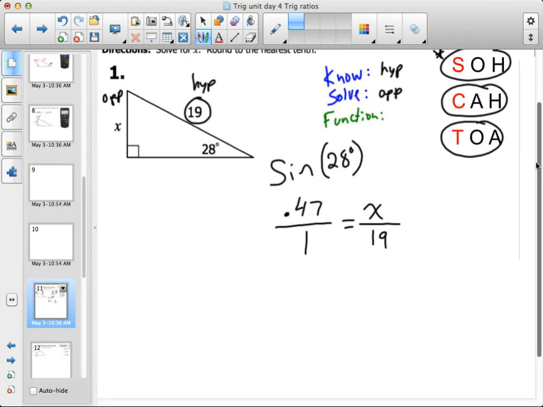At that point, we just play baseball, kind of cross multiply and divide, and we solve the proportion. We cross multiply, 19 times 0.47, and then we divide by 1, which is just going to leave it the same thing. We do 0.47 times 19, divided by 1, and we'll get our answer, which will be about 84.93.